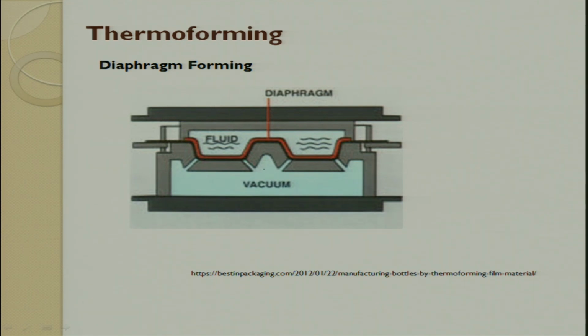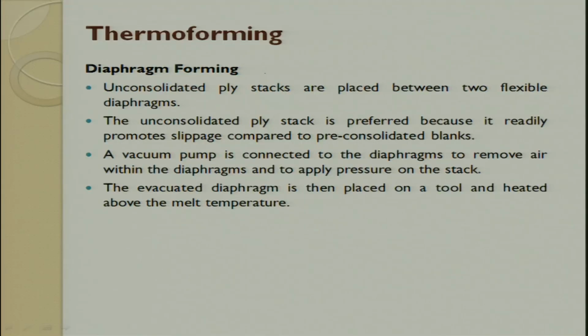This diaphragm forming is used for making double curvature surfaces, which is very difficult to make through any other process, and please keep in mind, it is a thermoplastic process. Thermoset is a different story. This is used for making any complicated shapes.